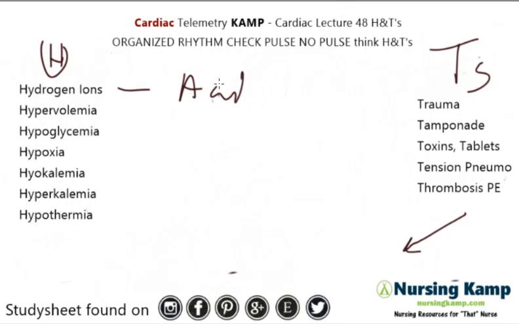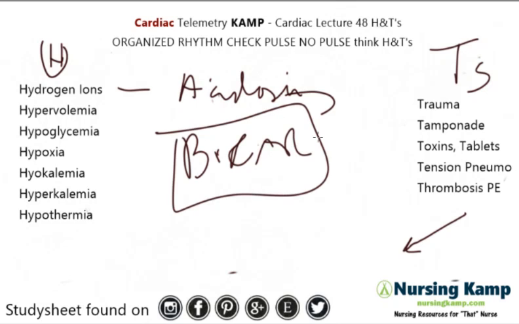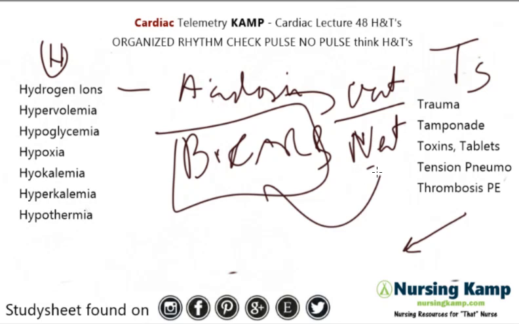Have they been acidotic for a very long time? Treatment for that is sometimes bicarb. So we try to treat the underlying cause. We might still ventilate that patient and put them on a vent, but we'll draw an ABG and evaluate, and we might give them some bicarb and try to correct their acidosis.